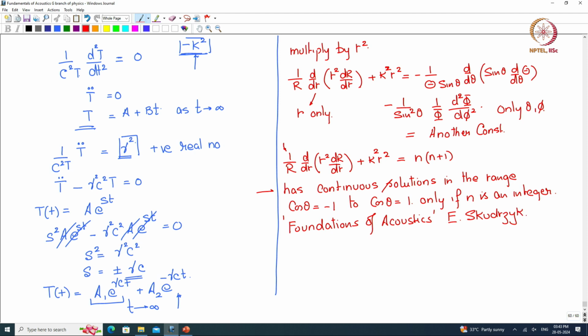So now n is an integer and the constant has that form. So now that's one side again taken care of.